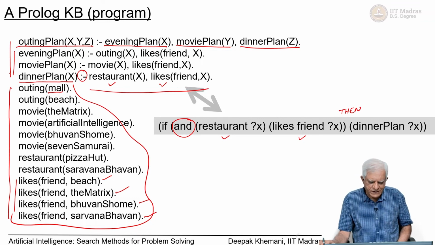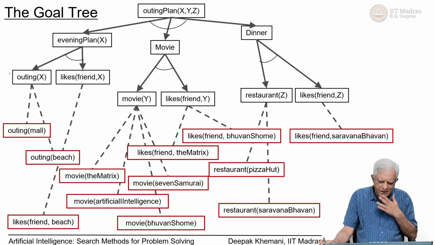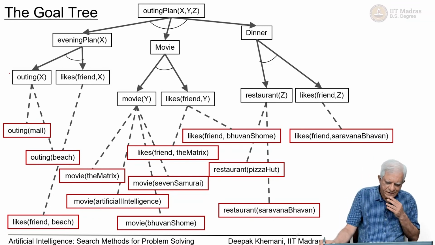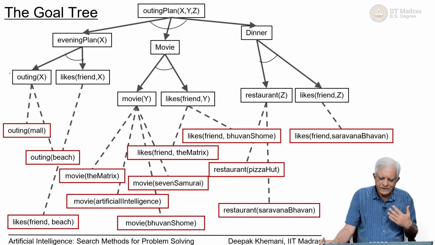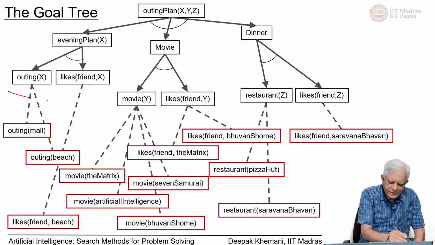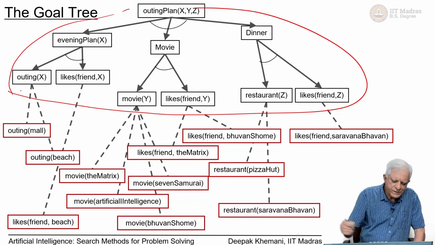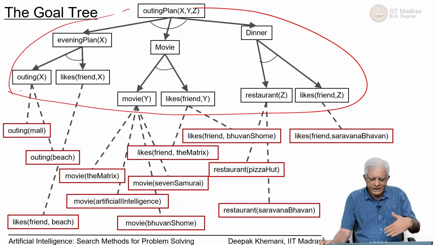So, corresponding to this, we did not draw this explicitly, but you would have an AND-OR tree. We did draw maybe this part of the tree, but we did not connect it to the facts.